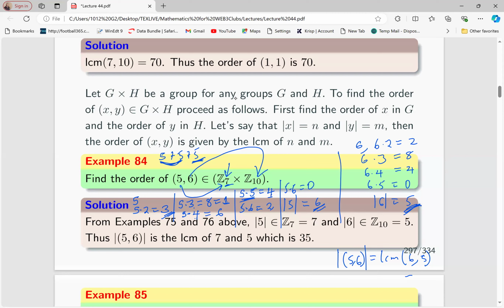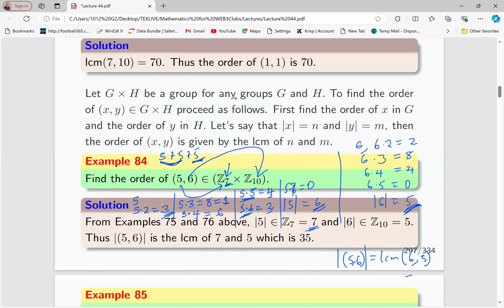What was the order of 5? How come I got it as 6? Just go through again. The order of 5, this 5 times 6 gave us 30, mod 7, that was 2.